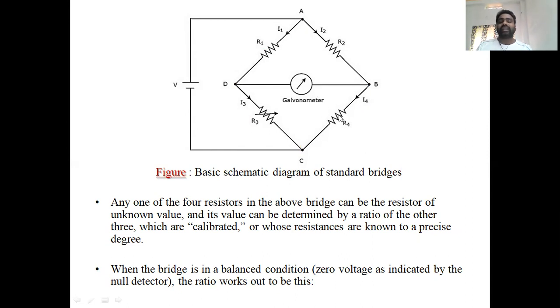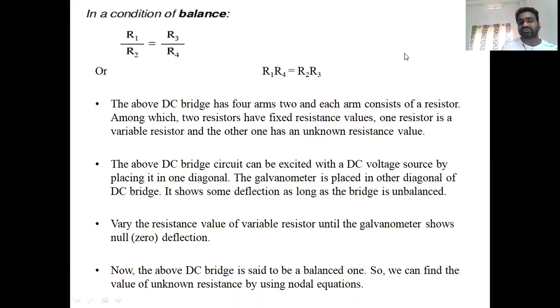We will balance the bridge first, so that there is a null deflection in this galvanometer. After balancing the bridge, we will apply the ratio method and find the value of the unknown resistance. So first we will see the discussion.